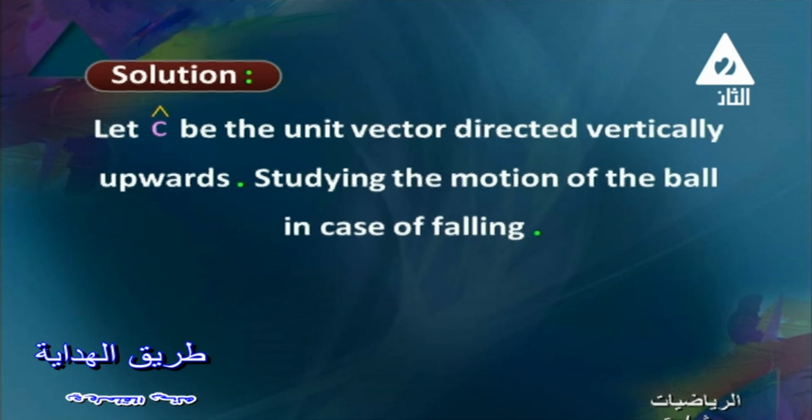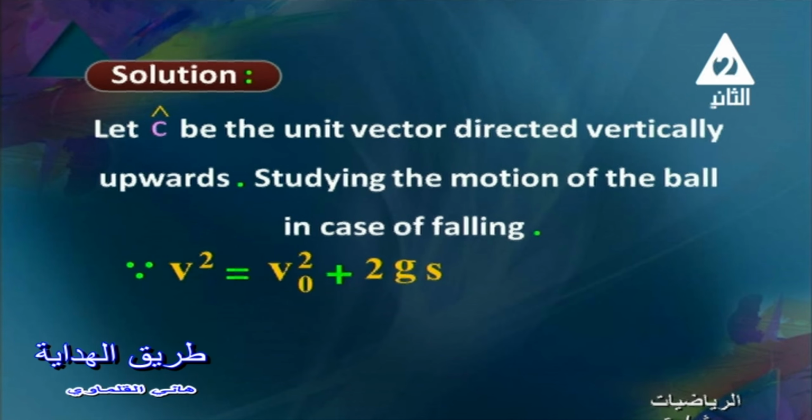We have initial velocity equals 0 and s equals 90 centimeter, and the gravity 980 centimeter per second squared. So the relation between the velocity and displacement is v squared equals v naught squared plus 2gs. What is the velocity when the ball reaches the ground?